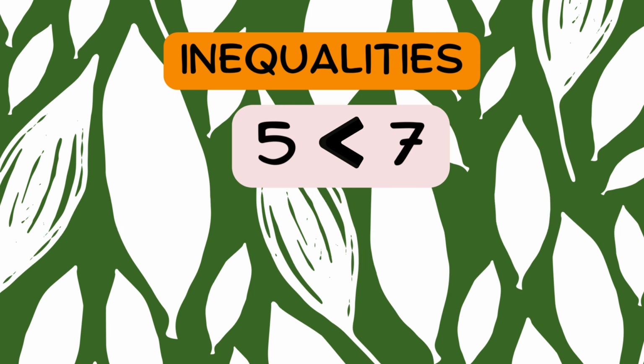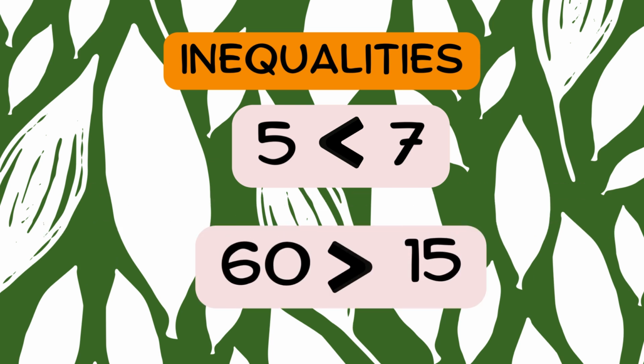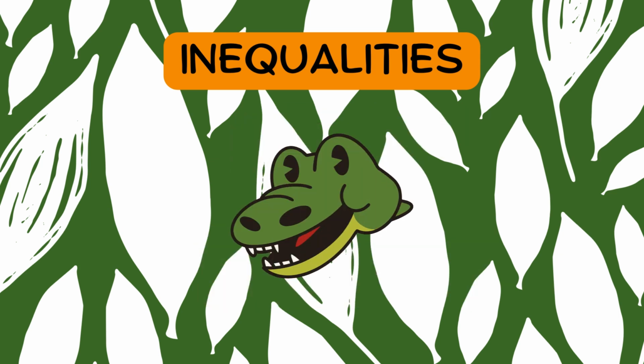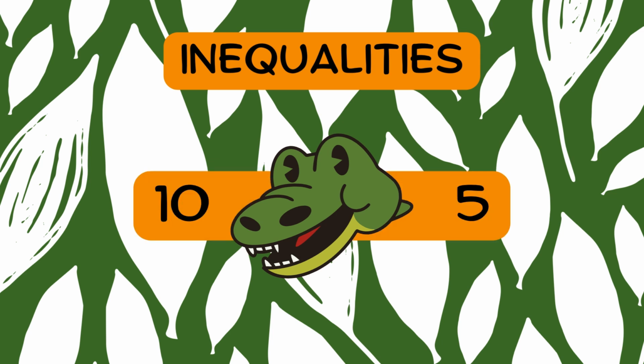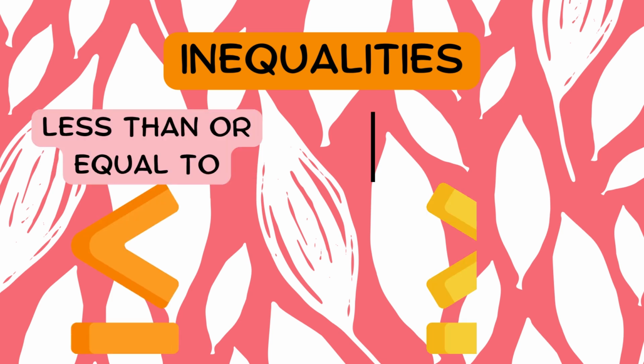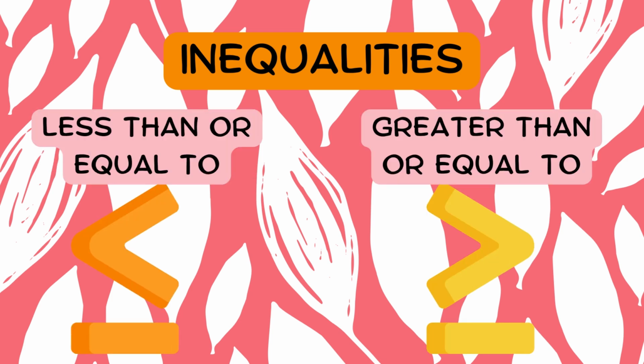So an example of greater than would look like this. A way you can remember this is if you picture the signs as crocodiles, and the crocodile wants to eat the larger number. The next 2 signs are the less than or equal to and the greater than or equal to signs.